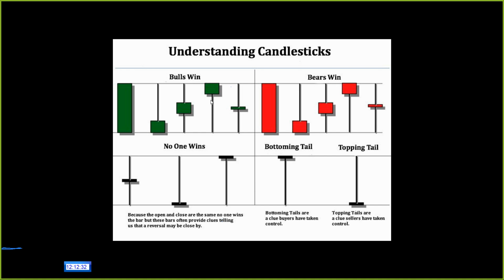Okay, you can see this is the hammer you were talking about. I don't think this is listed in terms of strength. This is probably one of the weakest bullish candles, because look at what happened. We came back and closed off the highs.